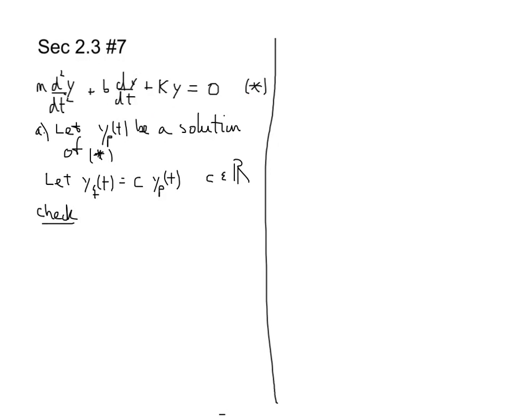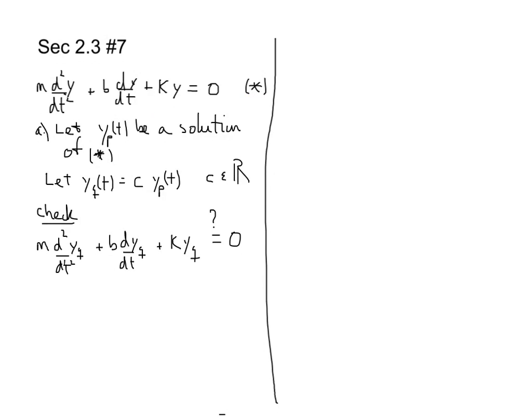And I look at what I have: m times the second derivative of y sub q with respect to t, plus b times the first derivative of y sub q, plus k times y sub q. And I want to see if that adds up to be 0.